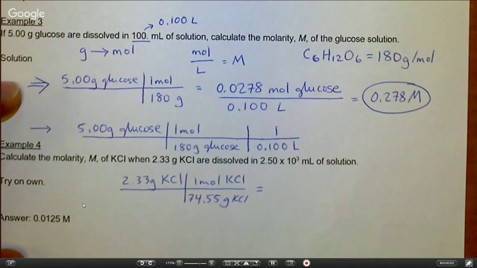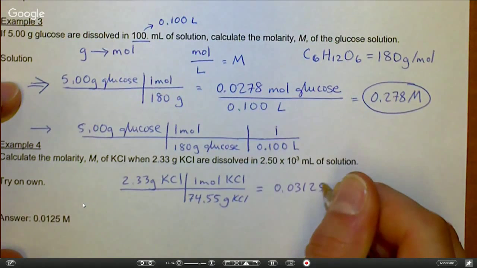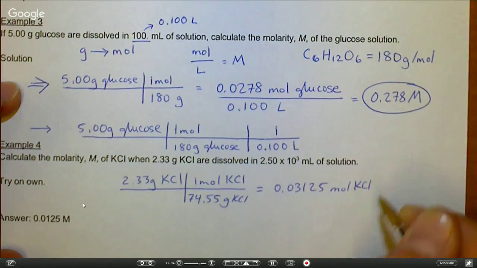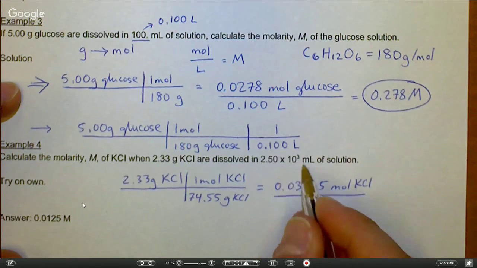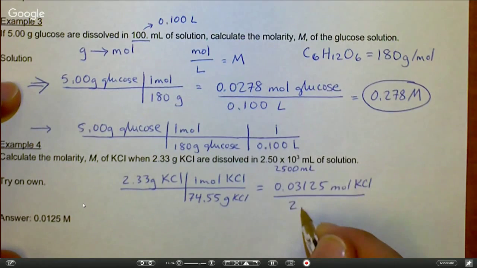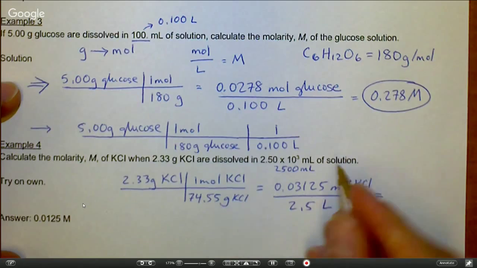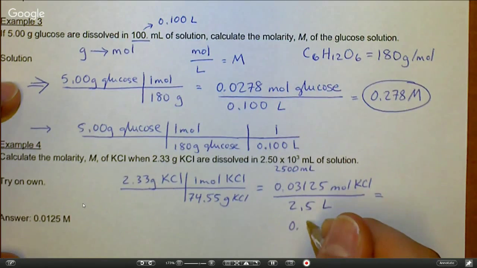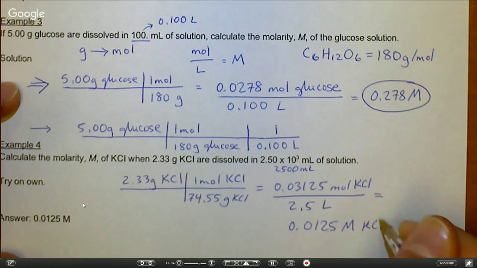Doing the calculation gets us 0.03125 moles of KCl. I'm not going to worry about significant figures here because it's an intermediate result. Then I divide this by the volume, which is 2,500 milliliters, also the same as 2.5 liters. If I do the math, what I get out is 0.0125 molar for KCl.